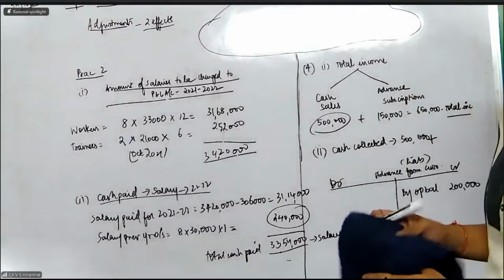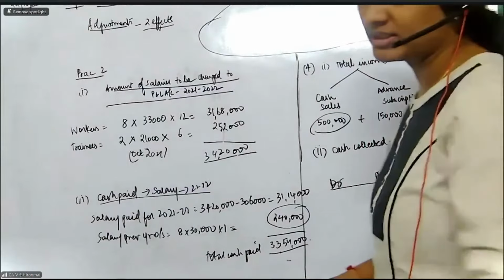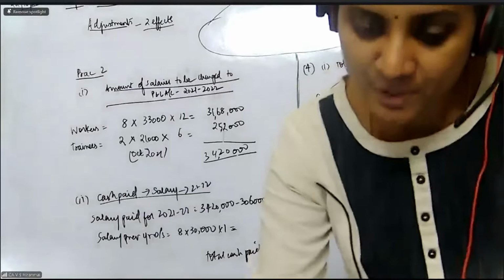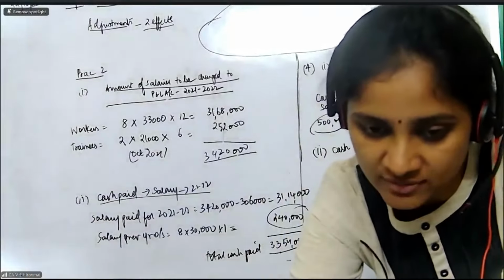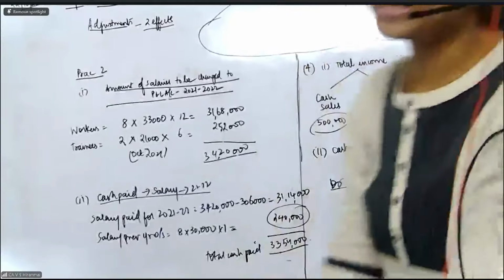All of you please see here, not 1,50,000 out of 1,50,000. Total money received, how much? The closing balance is 1,70,000 and income taken is 1,50,000.